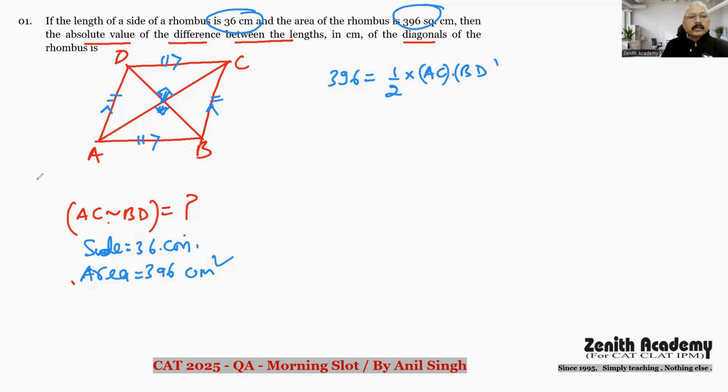So let us take here, it is X, this is also X. If this common intersection point is O, then OA is equal to X and OC is equal to X, and OD, let us take Y, and OB is also Y. This way, AC is equal to 2X and BD is equal to 2Y.